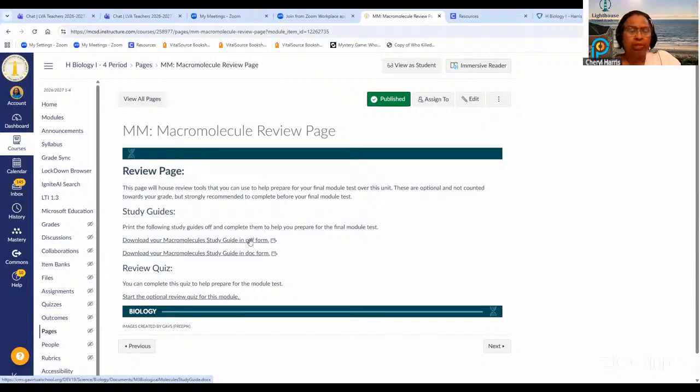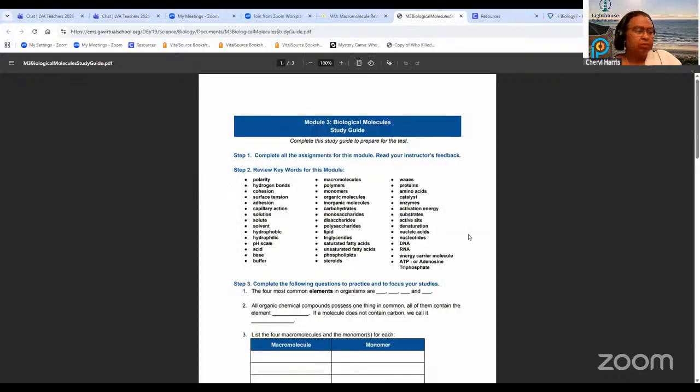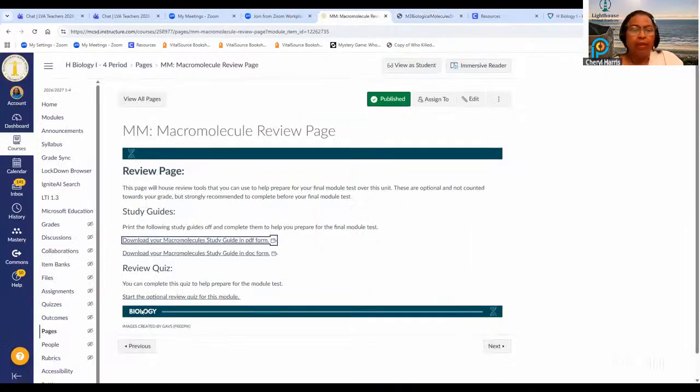I've been downloading the PDF because I'm just looking at it, I don't want to download it. But either way, you can download it and save it as a doc. Don't worry about this link down here. That is not for you to do. That is not for you to do at all. We're just worried about the study guide. Okay? Are we all good? Everybody with me? Okay. All righty.